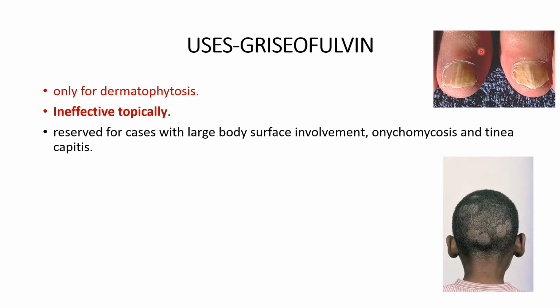As discussed, griseofulvin is used only for dermatophytosis, the fungal infection of the nail and scalp, and it is ineffective topically. Though it is used for superficial fungal infection, it cannot be used as a topical agent, so it has to be given orally only.